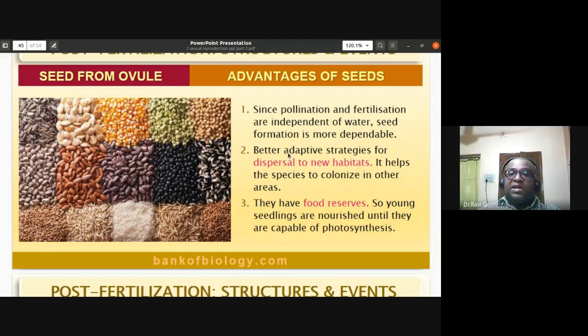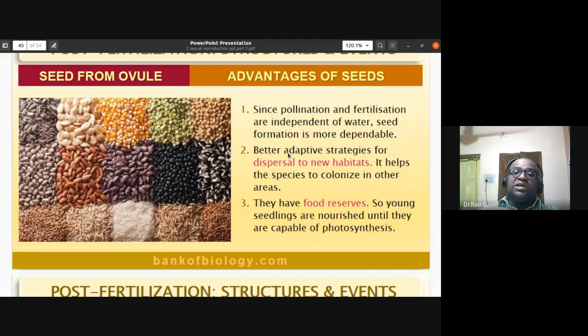The seeds also help the species to colonize new areas, because seeds can be spread by birds, insects or man, and since they are in an inactive, dormant state, they can be spread into new areas and colonize them. That is the advantage of seeds.